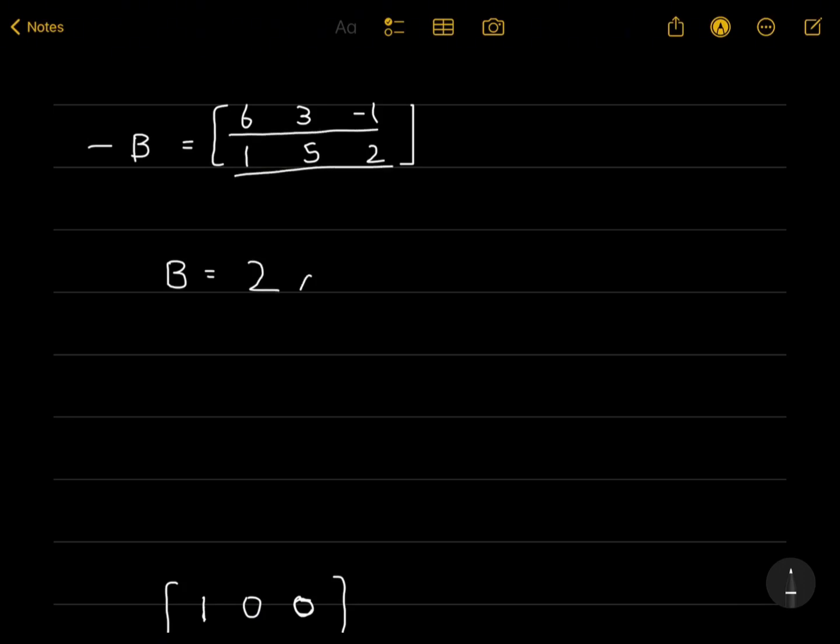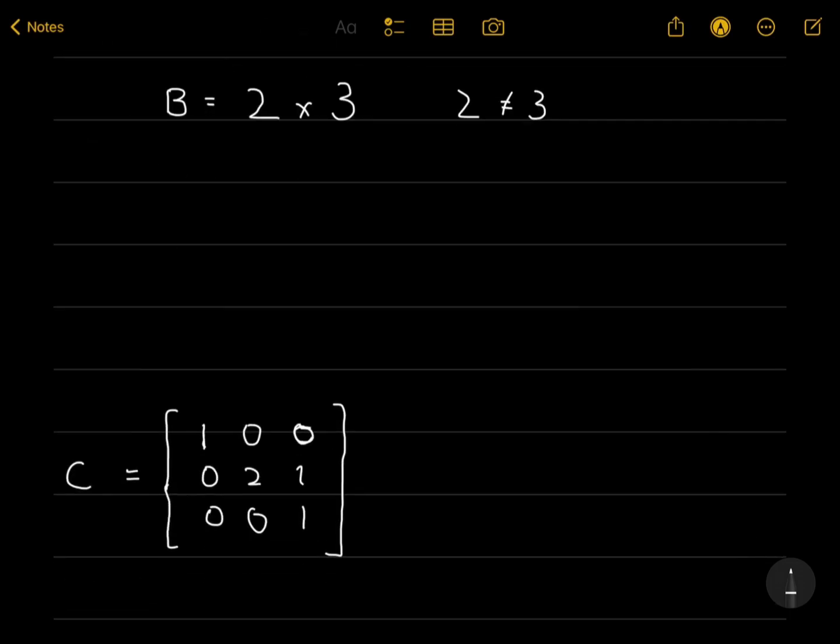So 2 rows into columns 1, 2, and 3. So 2 into 3. And we know that 2 is not equal to 3. So it's easy. B is a rectangular matrix.